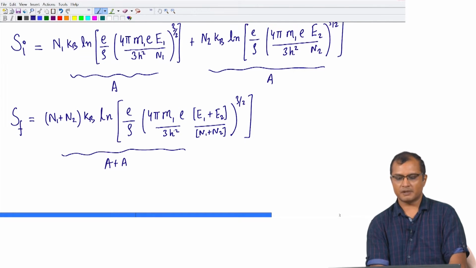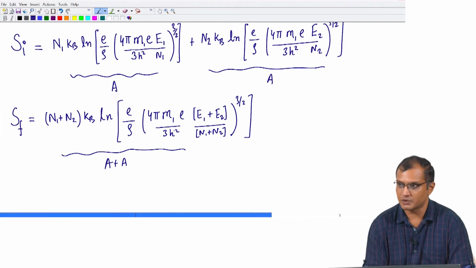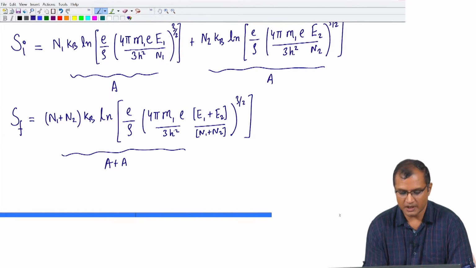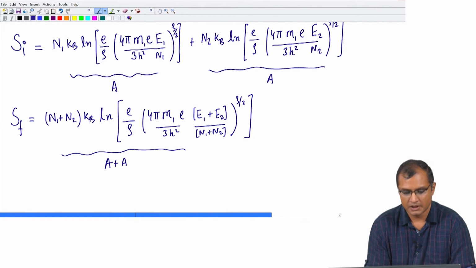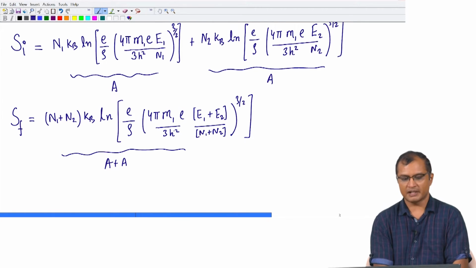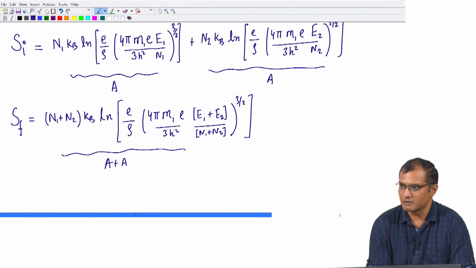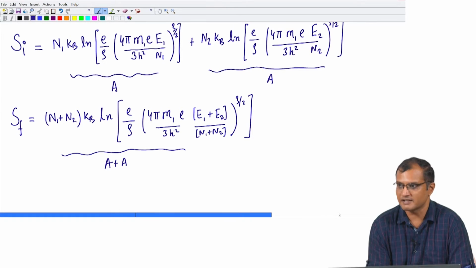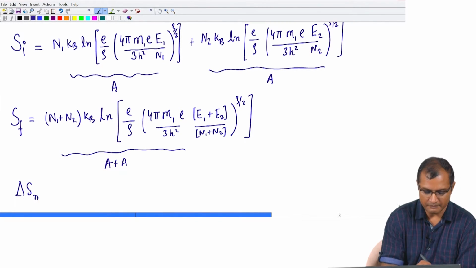Now, you can see E1 plus E2 divided by n1 plus n2 is the same as E1 by n1 or E2 by n2. So, the entire logarithm argument is the common argument in all the 3 terms, and if you look at the SI, there is n1 kb plus n2 kb, whereas in the denominator is the same n1 kb and n2 kb. So, if you take the difference of SI minus SF, you are going to get nothing but 0.